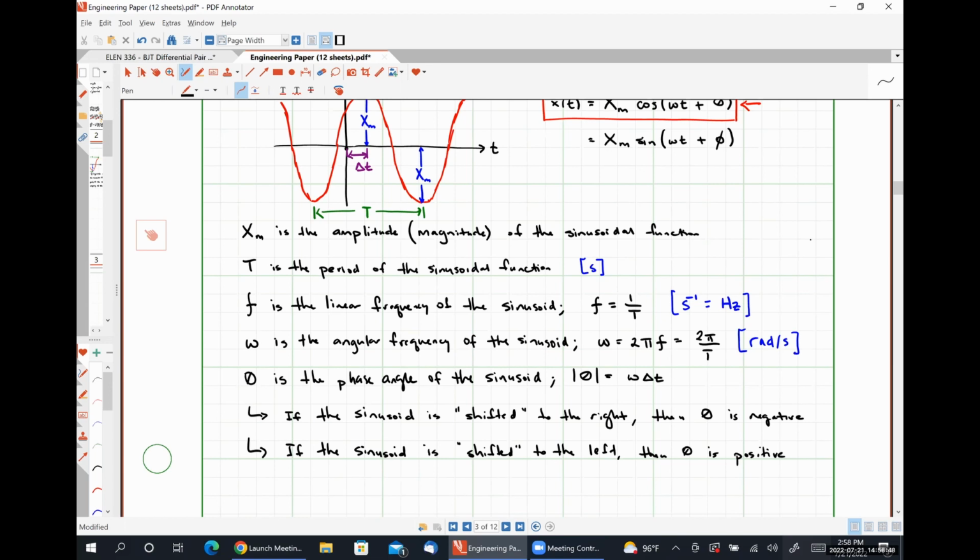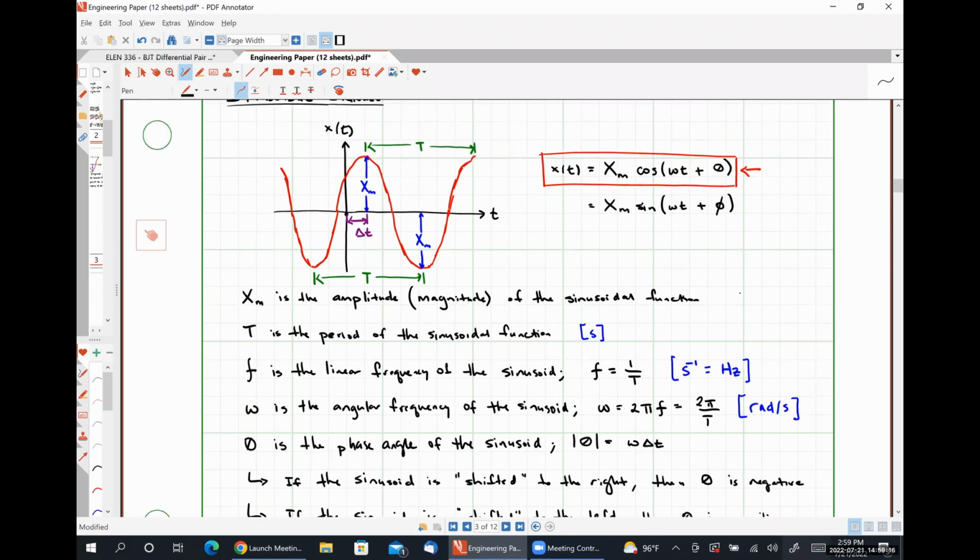So if the signal is shifted to the right, then our peak is occurring at a later point in time, and we need our phase angle to be negative to make the math work correctly. If our sinusoid is shifted to the left, then our peak is occurring earlier in time, and our phase angle needs to be positive to make the math correct.